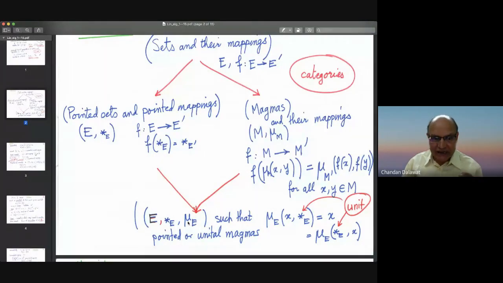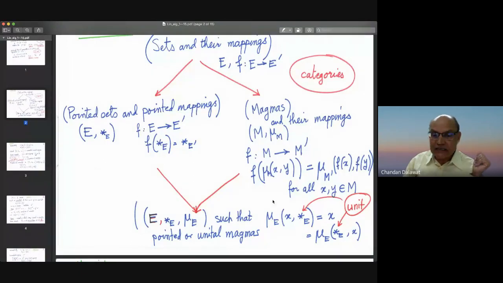This is not omega, right? I must have mistakenly said omega. This is mu. So the law of composition is mu, and there's some relation between this special element star and the law of composition mu, which is that when I compose an arbitrary element x with star, I get back x, whether I compose it on the left or on the right.